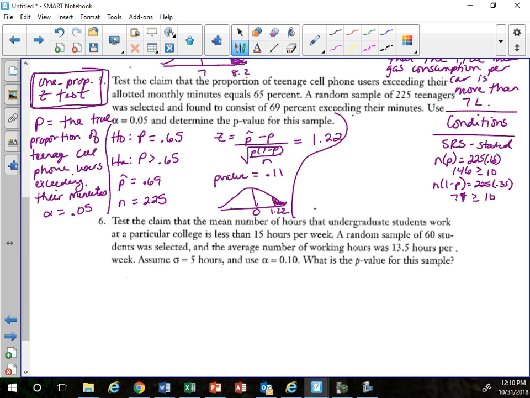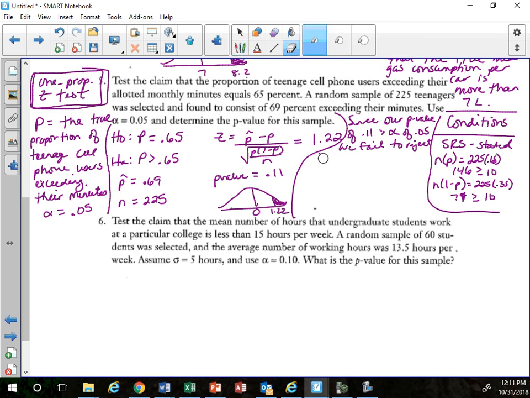So let's see if I can squeeze it in here. So since our p-value of 0.11 is greater than alpha of 0.05, we fail to reject our null. Really need to give you more room on these problems, don't I?